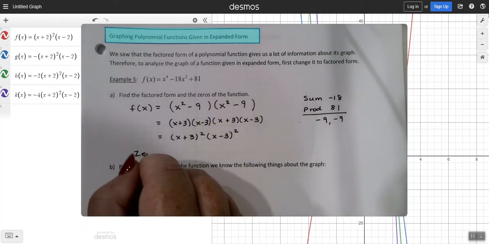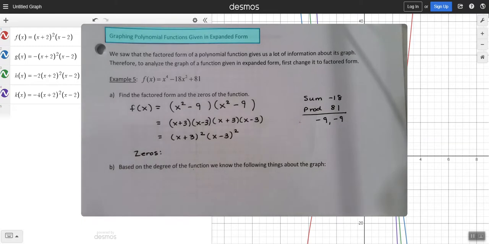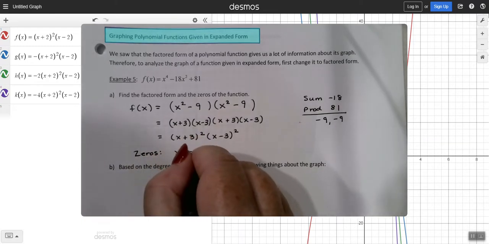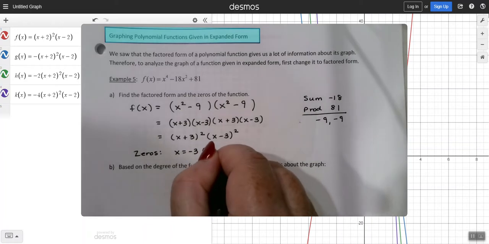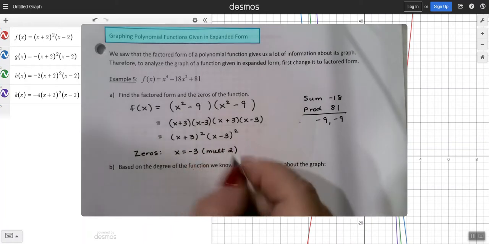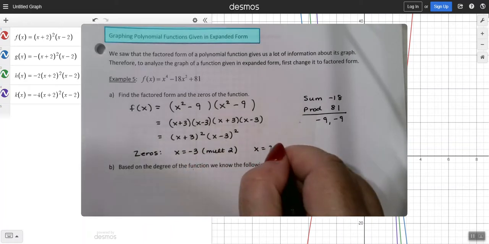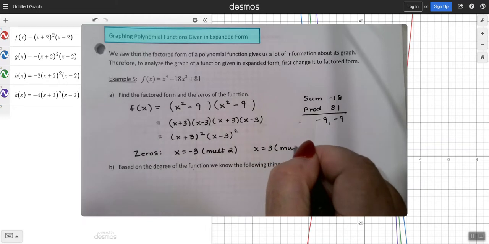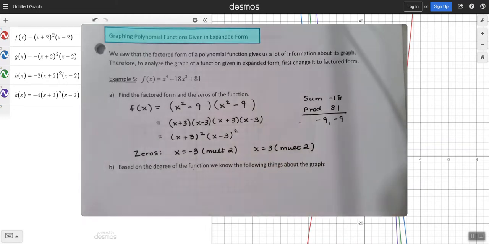All right, that would mean that my zeros are x equals negative 3, multiplicity 2, and then x equals positive 3, multiplicity 2.